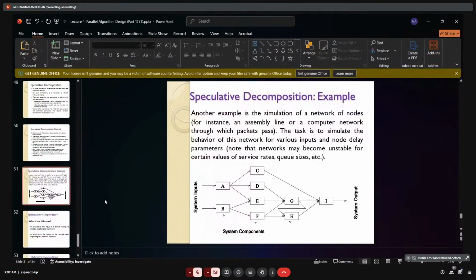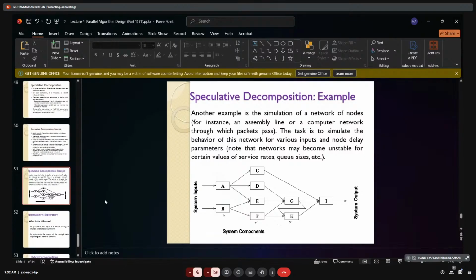Another example of the speculative stage is the simulation of a network of nodes, for instance an assembly line or a computer network through which packets are passed. In a network the packet traverses like router A to B, A to C, A to D. The task is to simulate the behavior of this network for various input and node delay parameters.